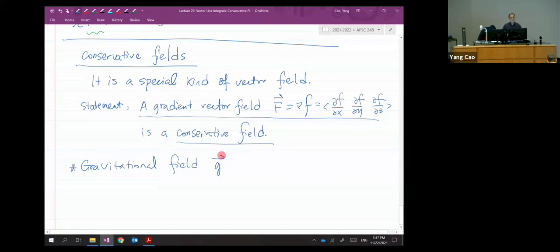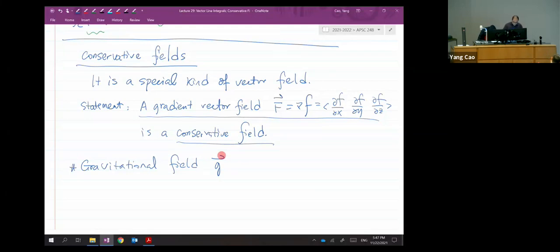A gravitational field, G. We all know, if you stay on the surface of Earth, you have a gravitational constant, and if you go further up into space, G will get smaller.